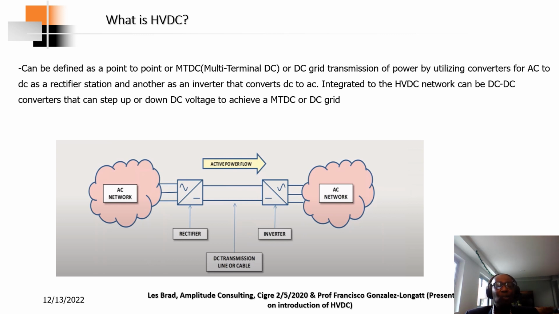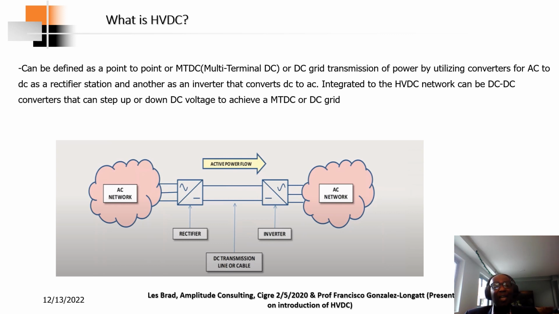And when many multi-terminal DCs are integrated, it forms a DC grid. And when many DC grids in different countries are interconnected, it forms the super DC grid. And that is the goal of the future. By the year 2030 and 2050, the goal is to achieve a super DC grid.